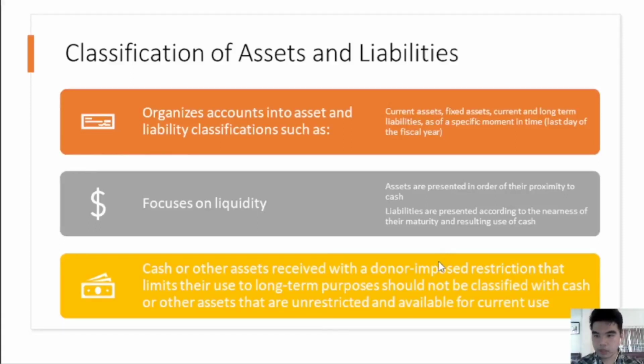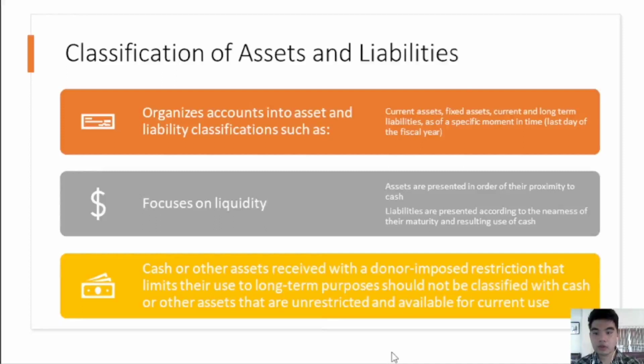It should be noted, however, that cash or other assets received with a donor-imposed restriction that limits their use to long-term purposes should not be classified with cash or other assets that are unrestricted and available for current use. For example, a certain donor contributed 1 million pesos in cash.